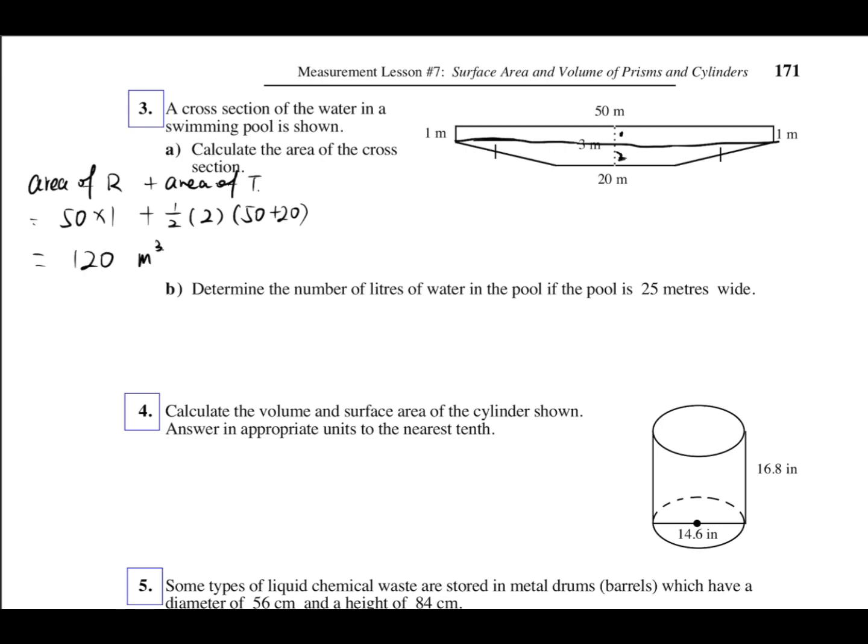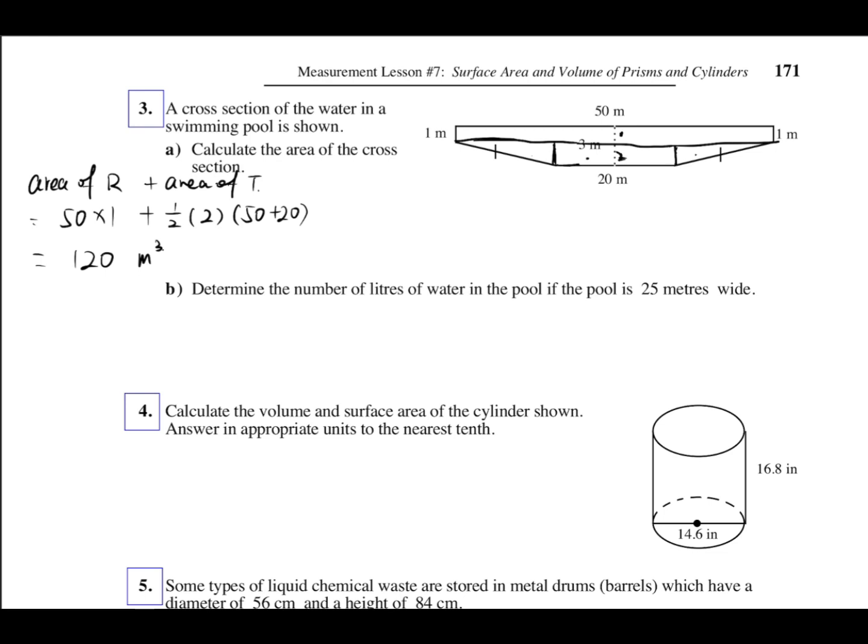120. There is another way if you don't remember the formula. You can divide the trapezoid into a rectangle and 2 triangles.